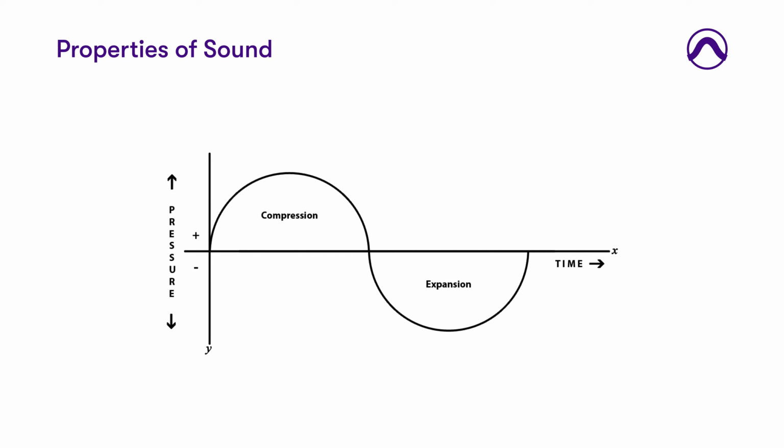The number of cycles that we have in 1 second is what is defined as frequency. The size of the waveform when you measure it vertically is its amplitude, or more commonly known as the volume. So these are the three properties which will define every piece of music that you make.